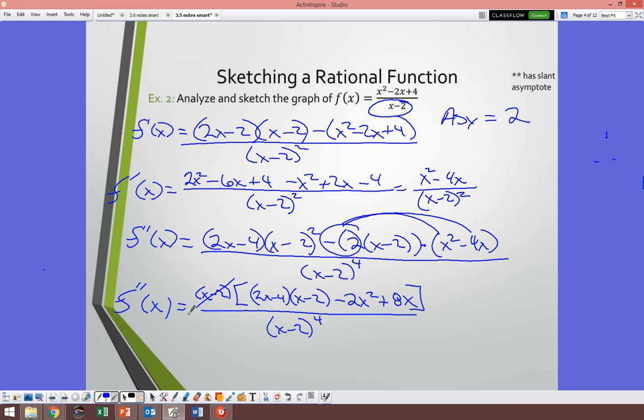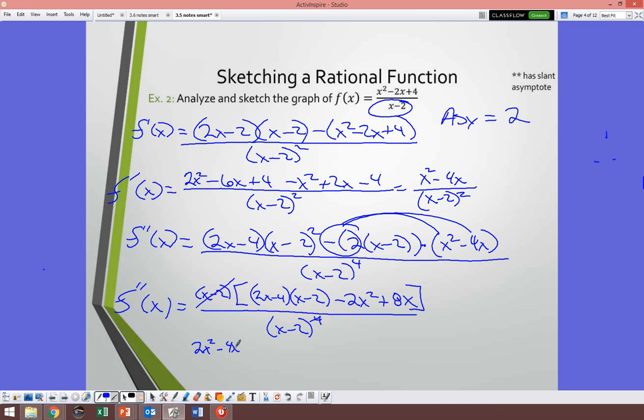So cancel out that. I'm going to have to do some cleaning up here in a moment. So it's going to give me 2x squared. What's that going to be? Minus 4x. It's minus 6x.